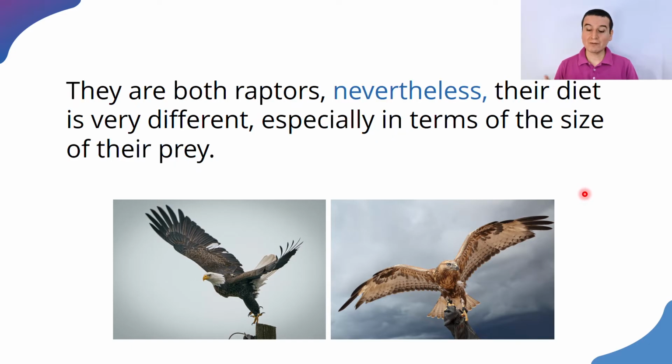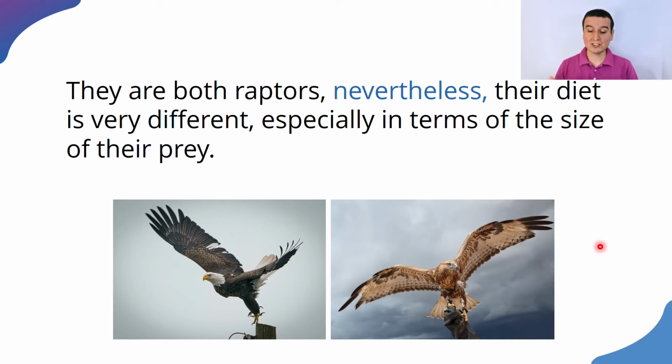Now, they are both raptors, means that they prey on other animals. They hunt and eat other animals, other beings. Although they are both raptors, nevertheless, their diet is very different. That's a difference, especially in terms of the size of their prey.